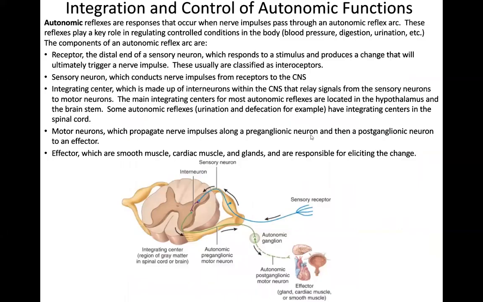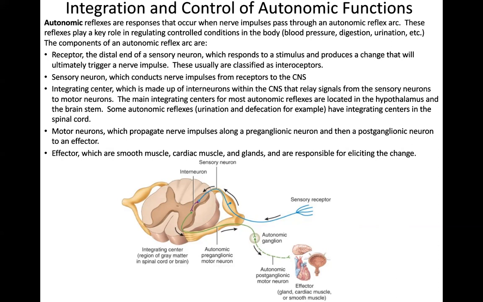And then the final slides here will be talking about everything put together for these last several slides, what we call integration and control of autonomic functions. Thinking back to Tuesday, we talked about reflexes like the stretch reflex, elicited when you sit on the table and you tap on the patellar tendon and your leg kicks out.